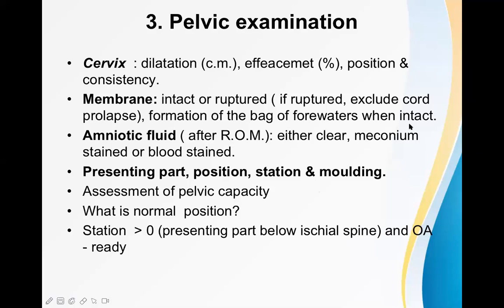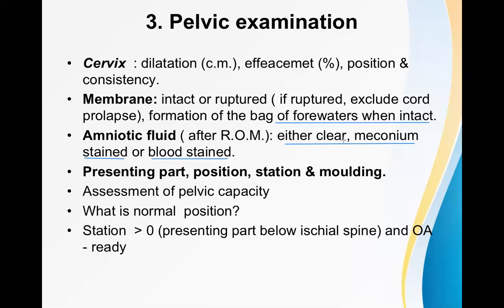If the membranes are still intact, okay, make sure there is a bag of water formed there. The bag of water, it is called. See here, we can feel it because the membranes are still not ruptured. After the rupture of membrane, check for the color of the amniotic fluid, whether it is clear, whether it is meconium stained or blood stained.